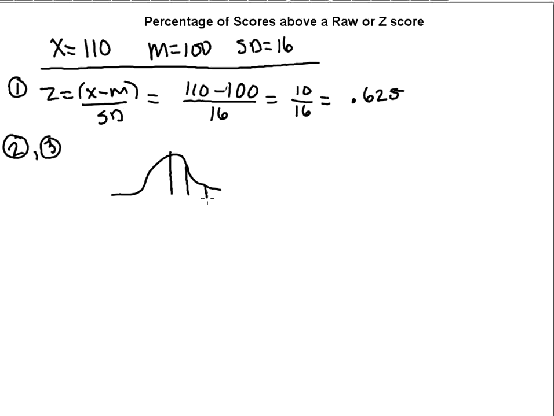And we're going to put on the z-score breakdowns, and we know that the z-scores are broken down in this way. If we have a z-score equal to 0.625, then we can roughly estimate that our z-score is going to lay somewhere along that line or so.